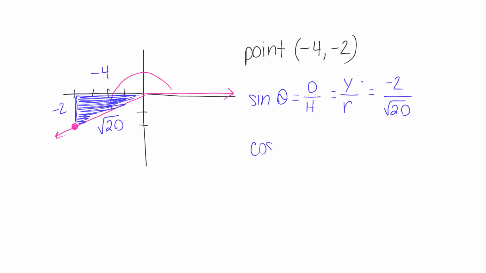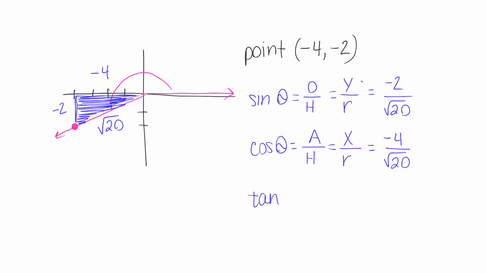Your cosine of theta, and I recognize that we're referring to theta even though we're dealing with the reference angle, which we're going to get to in the next lesson, is your adjacent over your hypotenuse, which we know adjacent is now called x and hypotenuse is radius. So that's going to be -4 over root 20.